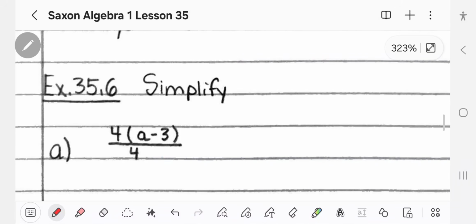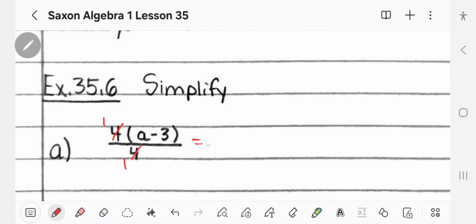Example 35.6. All right, let's look. We've got to see if we have multiplications. We've learned that's important. All right, this is a factor times this. And then in the bottom, we just have this, but we can think of that as times 1. So now we have factors in the bottom. So we have multiplications going on here. So that means we can divide. So let's divide the top by 4, and then let's divide the bottom by 4.